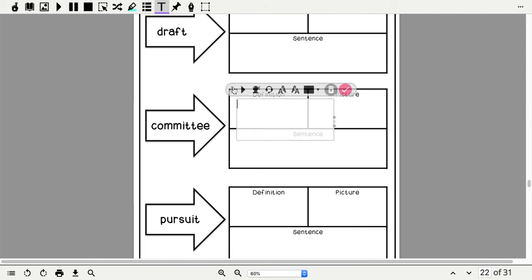The next word is committee. What do you think a committee is? Okay, it says his first draft was almost perfect. All those on the committee agreed it could be worked with. So what do you think that means when you say the word committee?